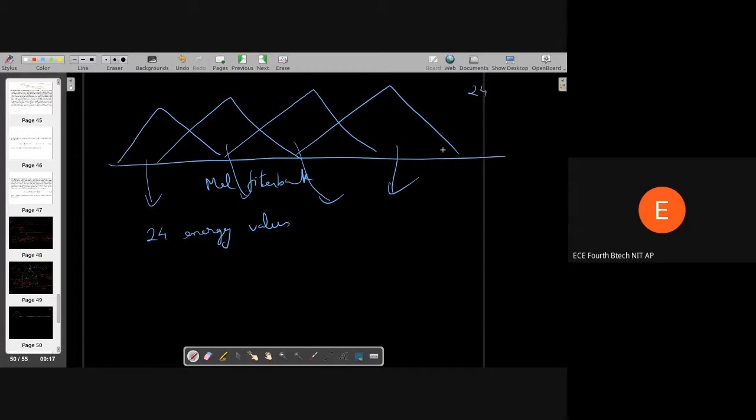Now we'll go for cepstral analysis. What we do is take these 24 energy values.